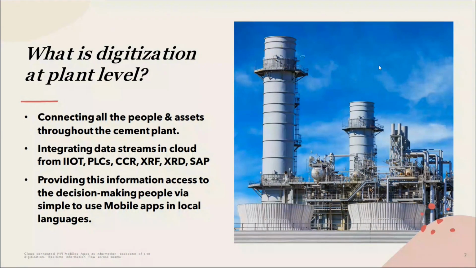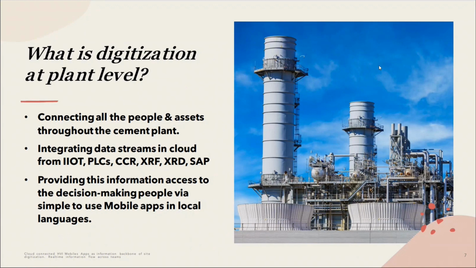And looking at that, it goes in the various value and data streams. If we look at that, how do we connect the IIoTs, PLCs, the sensors, the CCR data, the quality information in XRF, XRD systems, and how about your enterprise systems, be it SAP or any other ERP? So the fusion of that information is really what defines the beginning of digitization.